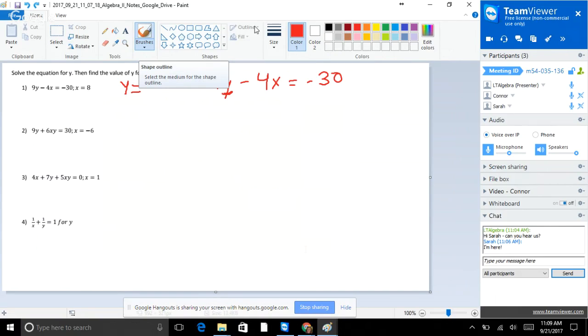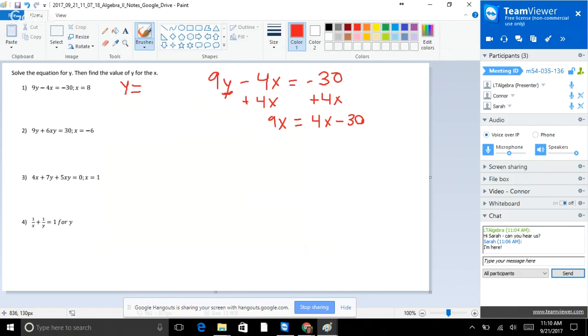The other thing we can do is move the 4x from the left side to the right side of the equation, by adding 4x to both sides. Then we end up with 9y equals 4x minus 30.